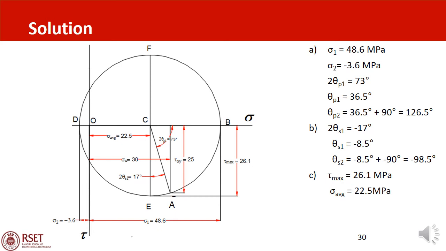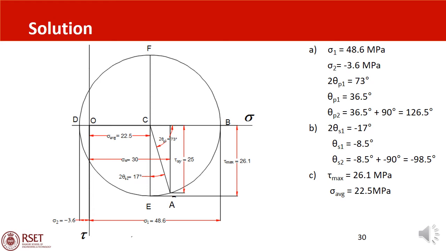Once the Mohr's circle is drawn, you can easily measure the values of sigma 1 and sigma 2, which represent the major principal stress and minor principal stress respectively. From the diagram, we can see that the maximum magnitude of sigma is along the distance OB.